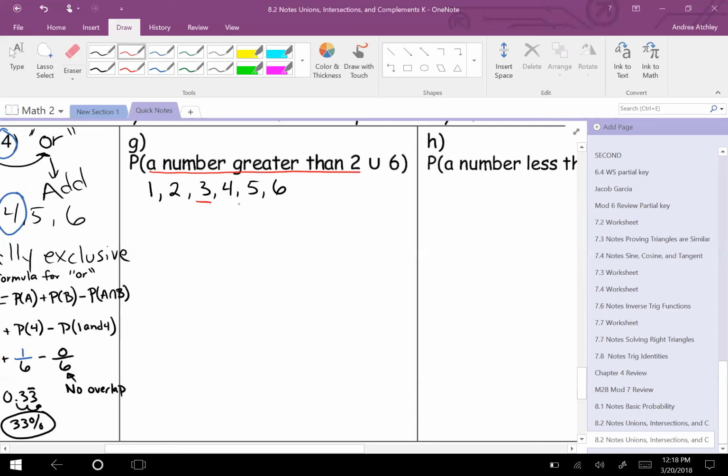So 3 is greater than 2, 4 is greater than 2, 5 is greater than 2, and 6 is greater than 2. And I'm going to circle all the numbers that are 6. Are there any numbers that are both? Yes.